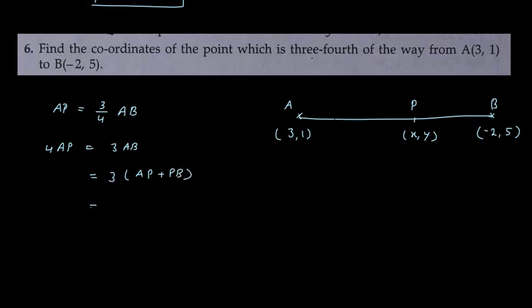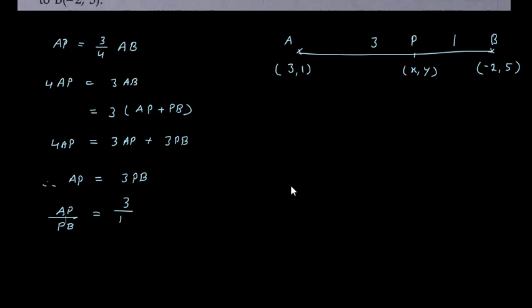Here it is 4 times AP, so this will come here. So we have AP is equal to 3 PB, or I can say that AP upon PB is equal to 3:1. So m1 ratio m2, here we have 3:1. Okay, x1 y1 x2 y2, now we have to find the coordinate of point P.